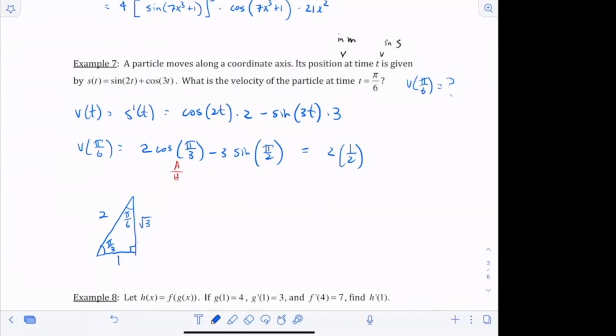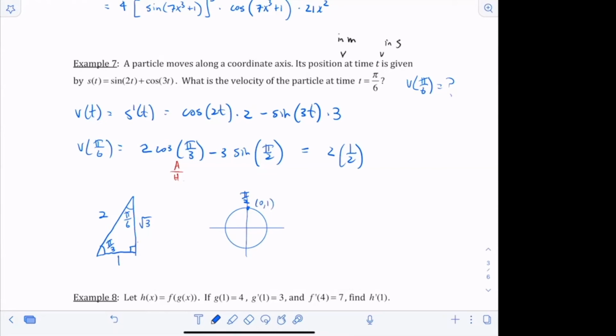No questions. For the sine of pi over 2, there's a couple ways I think about it. I can use the unit circle. The angle pi over 2 is the positive y-axis. When I look at this point right here, this point is (0, 1).